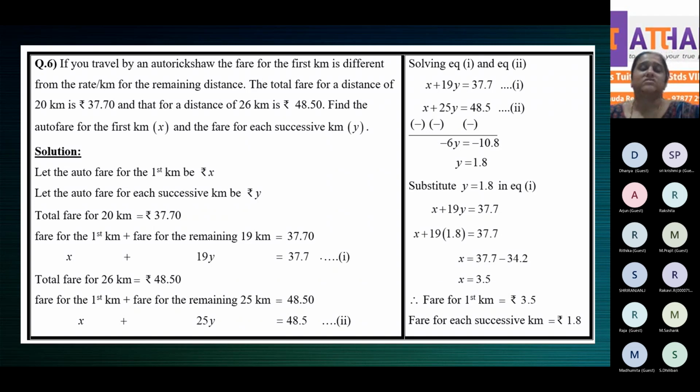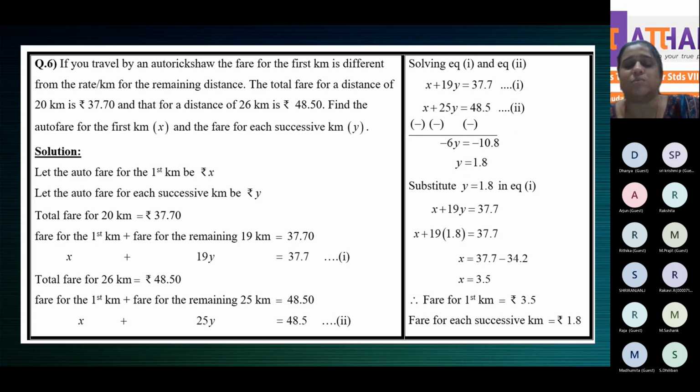As Sashank was telling us, you can also multiply this equation by 10 to get rid of the decimal point. So you can make this equation 10x plus 190y is equal to 377. You can also multiply this by 10 and make it 10x plus 250y is equal to 485. You can even work without the decimal point.